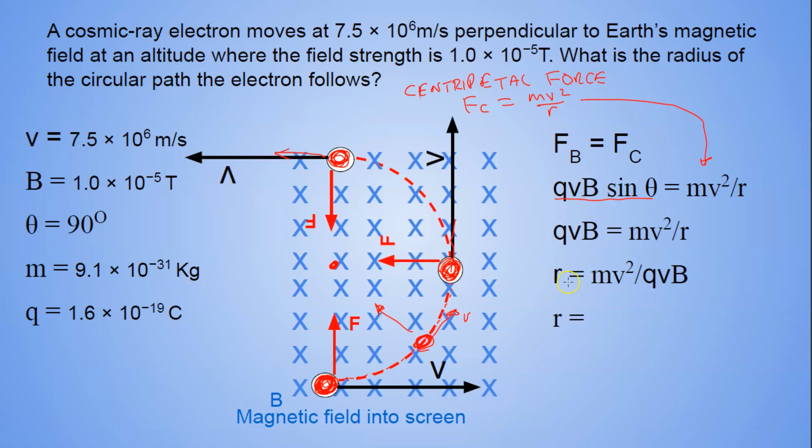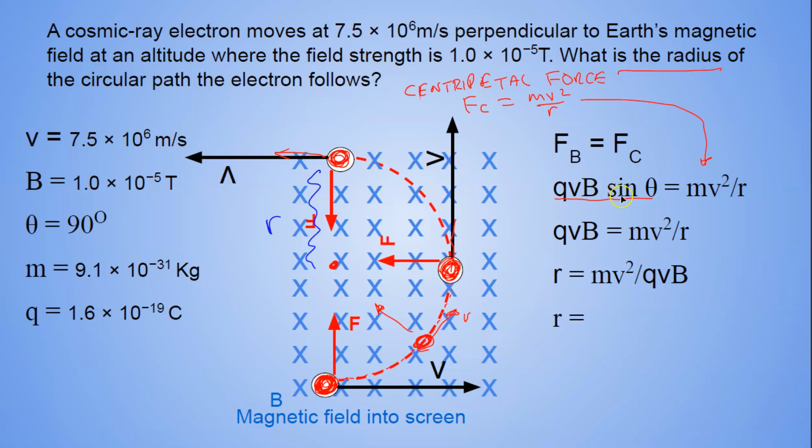And what we've done here is to solve this thing for r, because they want to know what is the radius of the circular path. We're looking for the distance between the center of the circle and the electron here. Right there. Okay, so the algebra is already done. We're just trying to solve for r.